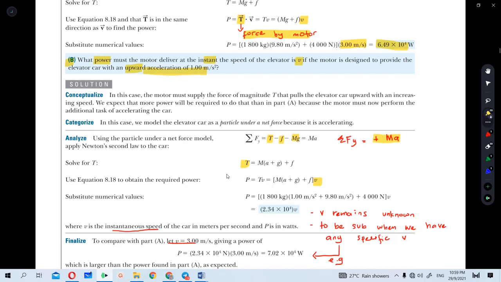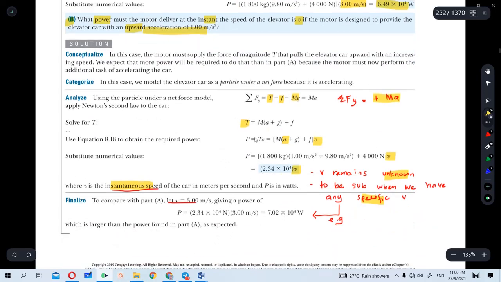So substitute the value of acceleration, 1, here, and leave V as V. Notice that you are leaving V as an unknown or symbol. When you have a specific V, only then do you substitute. V is instantaneous speed, so this is instantaneous power.